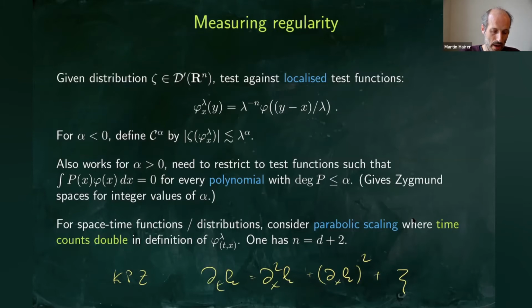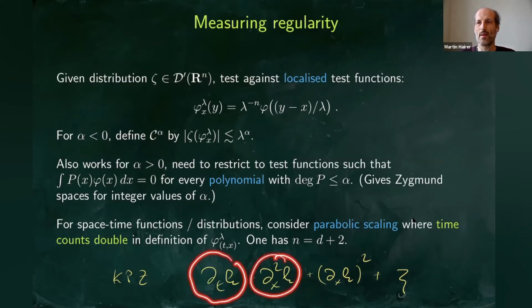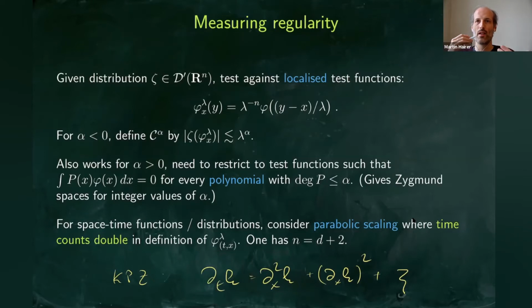But because of the parabolic scaling, you see here that space and time naturally scale differently. So there's one derivative in time which balances two derivatives in space. So the natural thing to do is when you do this in the time coordinate, instead of dividing by lambda, you divide by lambda square. So that's what we mean by parabolic scaling, right? The parabolic scaling is the one where in time you divide by lambda square.